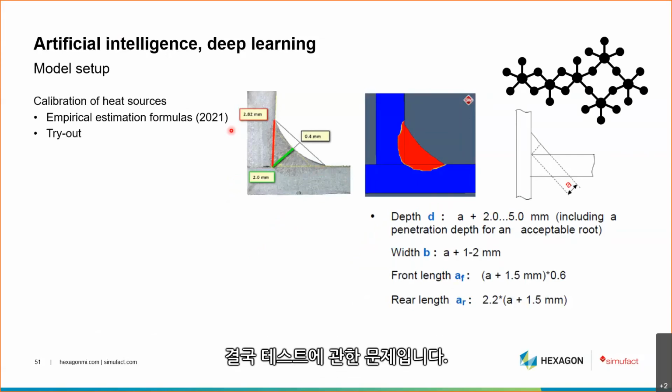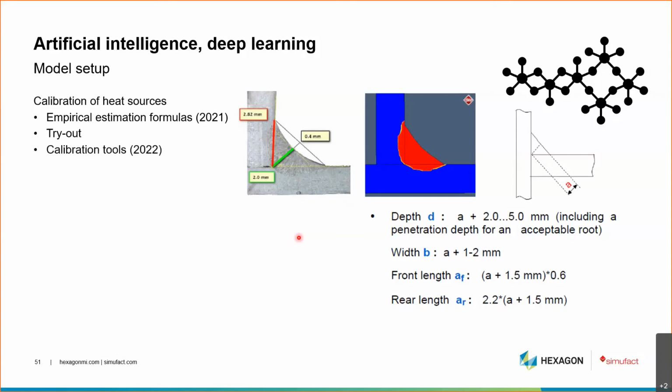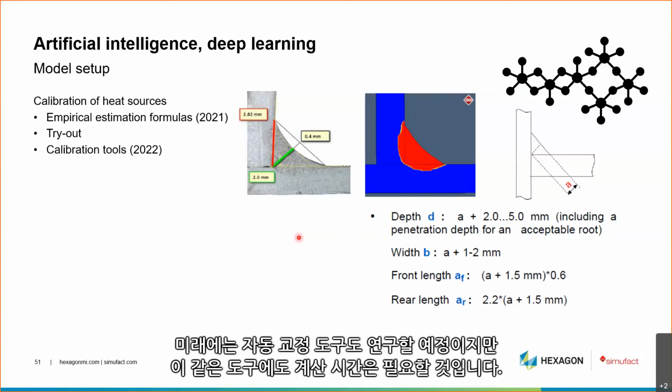At the end, it comes down to some type of tryout. So I need a cross-section, then I need to take a look at my results, and then I need to estimate how I should change my input to get the proper heat source description. In the future, we are working on some type of automatic calibration tools, but those tools will still need some kind of calculation time.